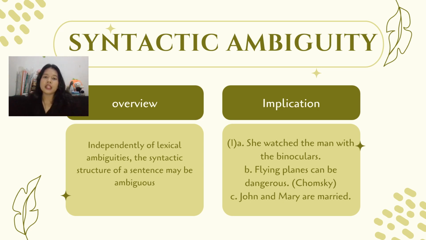It can relate to the verb watch, meaning roughly the same as she watched the man through the binoculars. But if you look at it from the noun phrase, the man, it means the man who had the binoculars. So she watched the man who had the binoculars. So there are two meanings there.